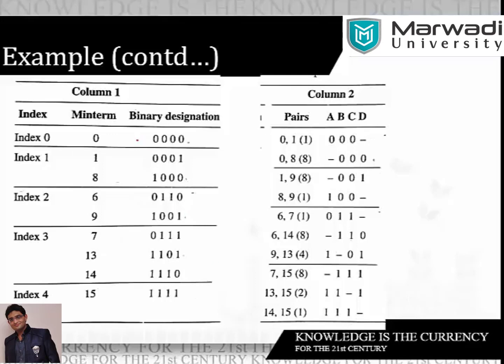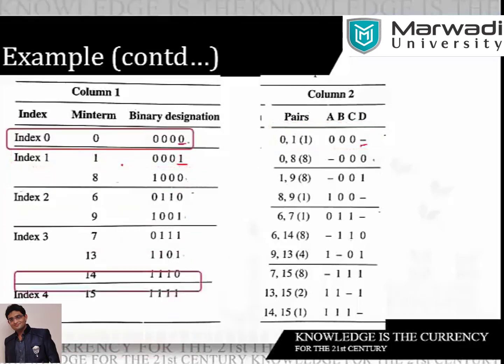Now, we will be comparing the successive groups. For example, on comparison of index 0 and index 1, we can find that there is a change in the LSB bit when we compare 0 and 1. And so, as per our rule, we will be writing 3 zeros and a dash since we have the change in the LSB bit.